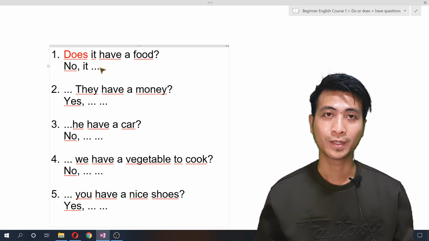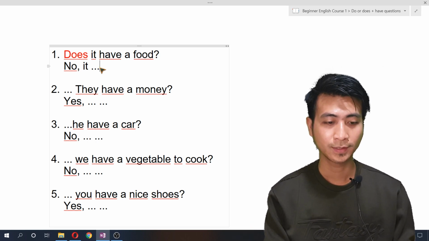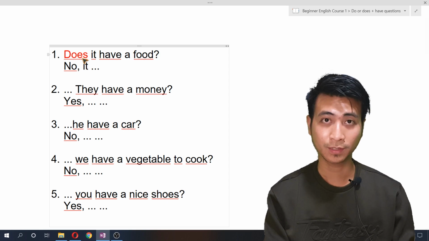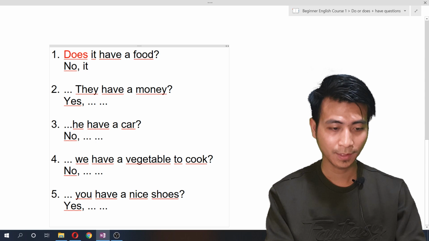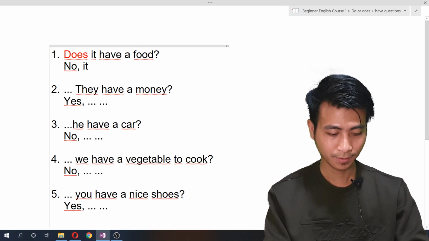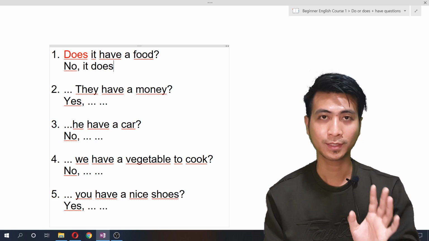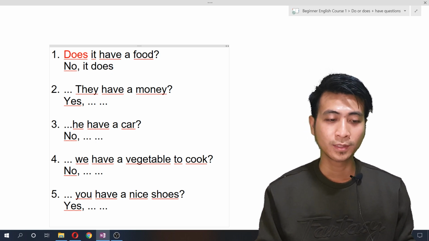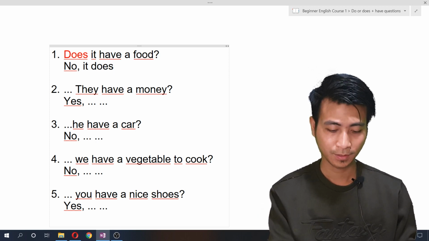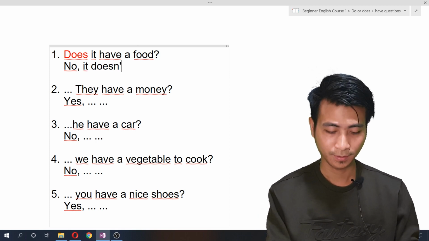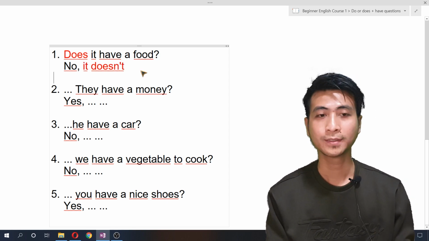What do you think, whether I use does or do? Here just match again the interrogative sentence. Here is does. Just write does again. No, it does, but it's negative, right? So we use not after does, and we just use the contraction, doesn't. No, it doesn't.